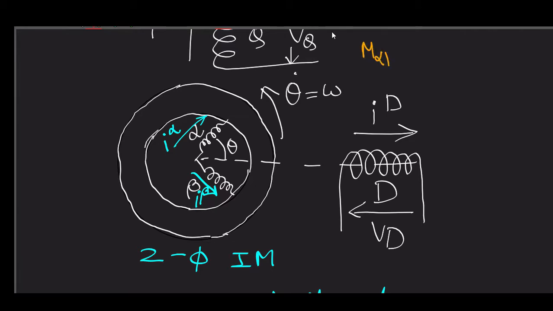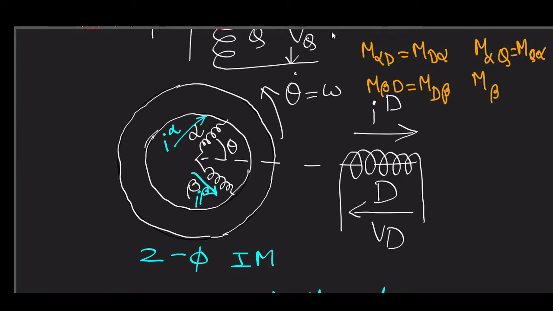M alpha d is equal to M d alpha, as the structure is even in nature. M alpha q is equal to M q alpha, M beta d is equal to M d beta, M beta q is equal to M q beta, right?